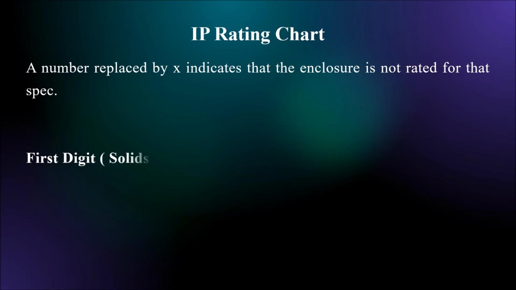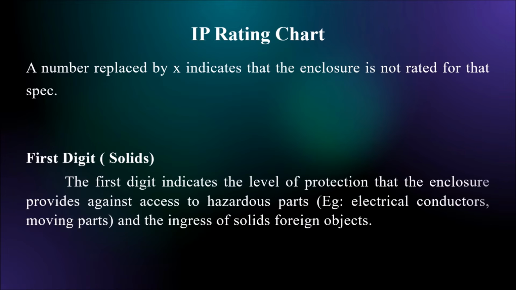The first digit is for solids, which indicates the level of protection that the enclosure provides against access to hazardous parts, that is, electrical conductors, moving parts, etc., and the incursion of solid foreign bodies.